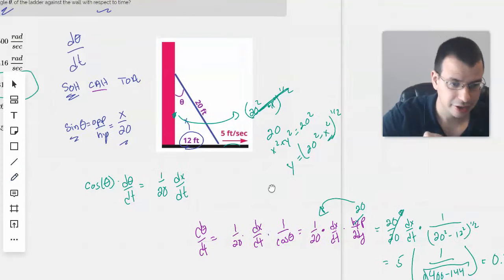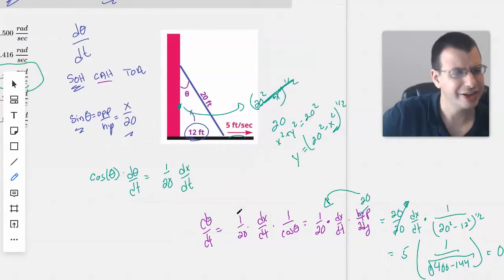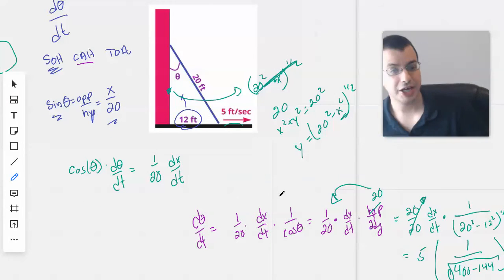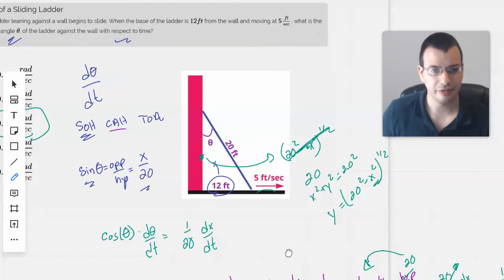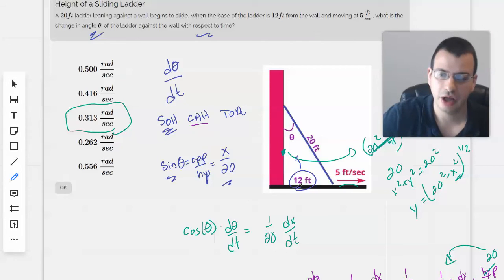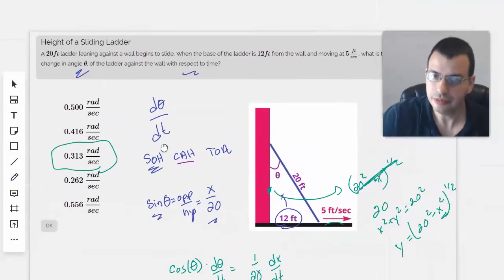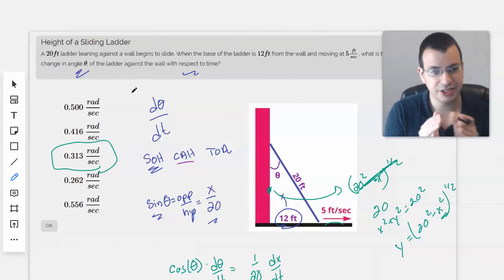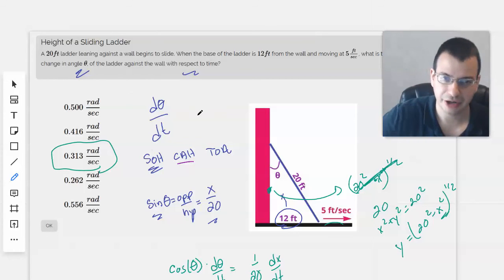So to backtrack, this was fairly cumbersome. We have this ladder of a known length, and it's falling down a wall. We're given a specific distance from the wall for the base of the ladder, and we're given how fast it's moving away from the wall.